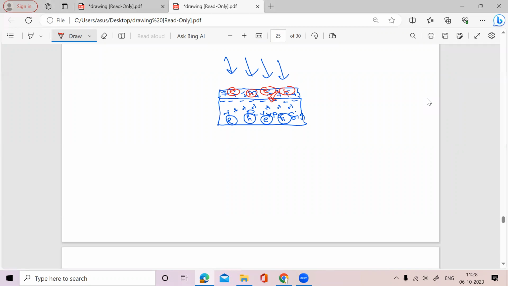The electrons already developed from the photon energy in the P side will go into the N side. So the separation of electron and hole will happen.